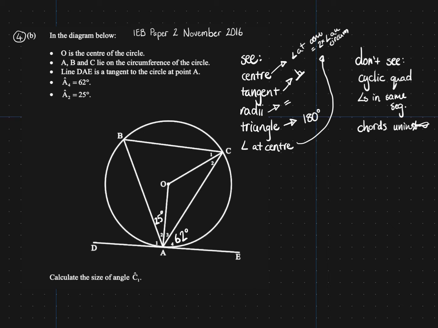Okay, so the first bit says calculate the size of angle C1. Let's start by just highlighting where C1 is. And now let's look at the picture. So we know that this is going to be 90 degrees. We also, because there's a tangent, can think of the tan chord theorem. So will that help us?